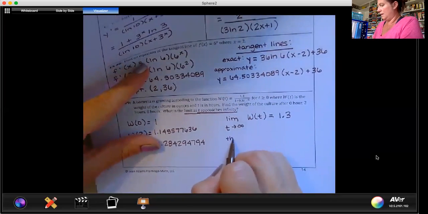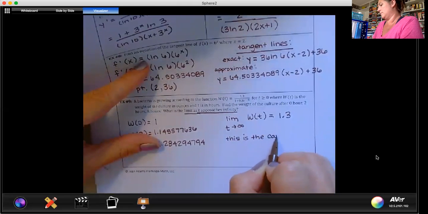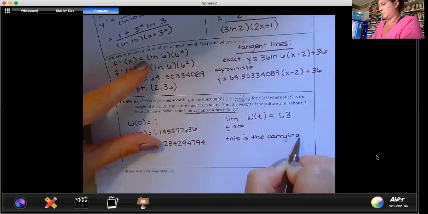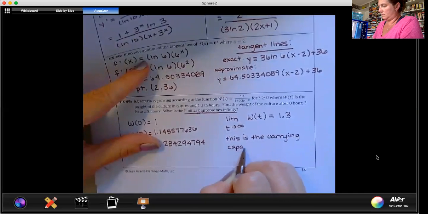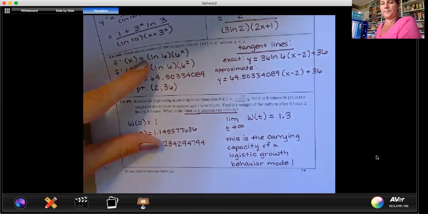So this is the carrying capacity of a logistic growth behavior model. Just some extra information for you there.